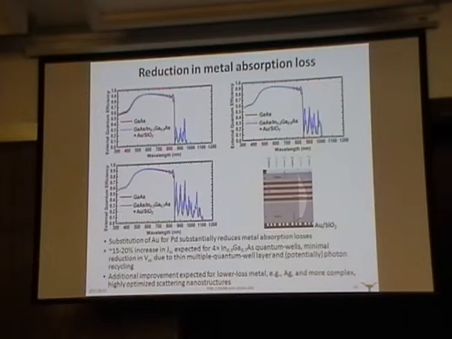In this structure, if you calculate the increase that you would get in, say, the short circuit current density, it's in the range of 15 to 20%, which is actually a large increase, in a structure that has a small number of quantum wells, such that you would hopefully expect a minimal reduction in the open circuit voltage. So these structures are hopefully being grown as we speak, and we'll see whether they end up giving us the results as promised.